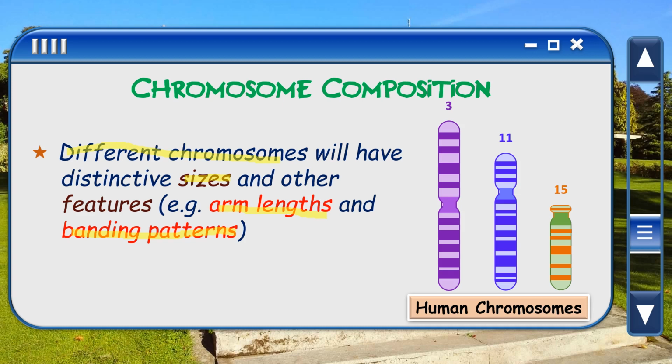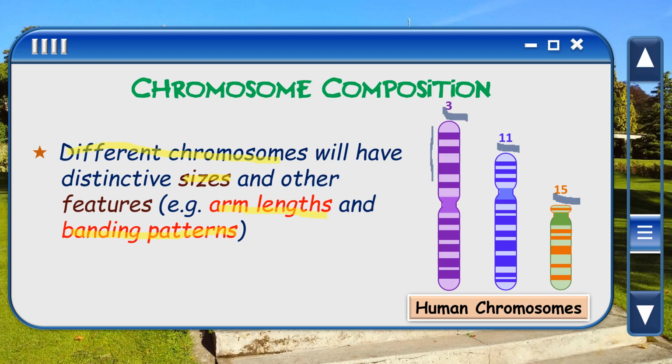For example, here chromosome 3 is the longest, chromosome 11 is medium, and chromosome 15 is the shortest of the 3. Those are distinctive sizes. And they also have other features like the arm length. For example, if you look at this one, it has 2 arms.